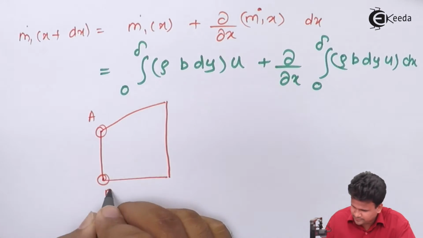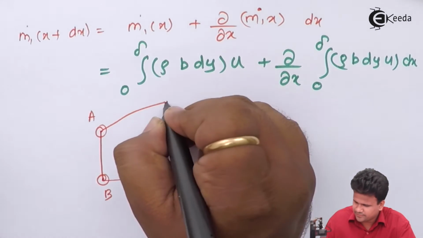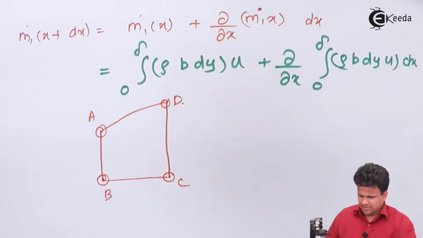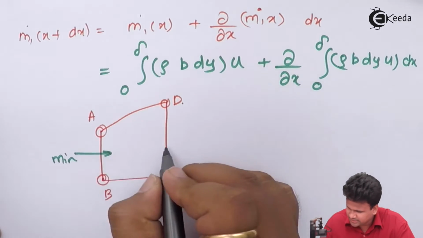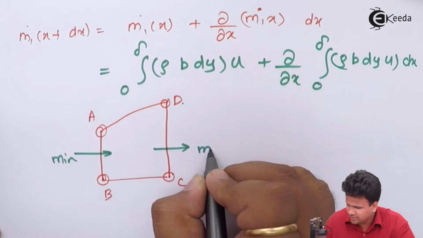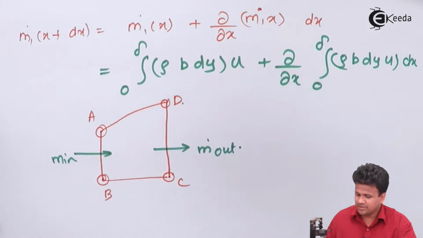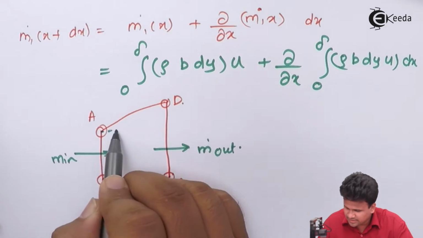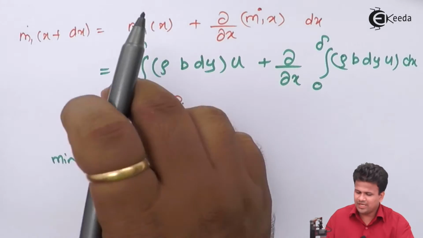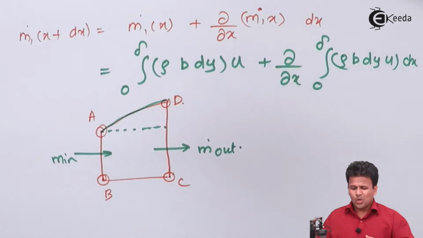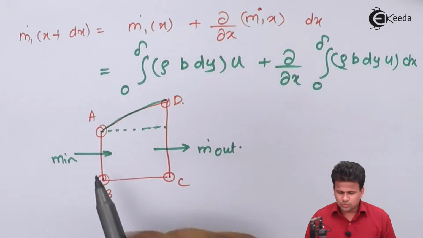A, B, C, D. So mass flow in is this part, m dot in, and mass flow out is m dot out over here, but there is something remaining, which is this entire part. So we have to take into consideration the mass flow rate through AD.